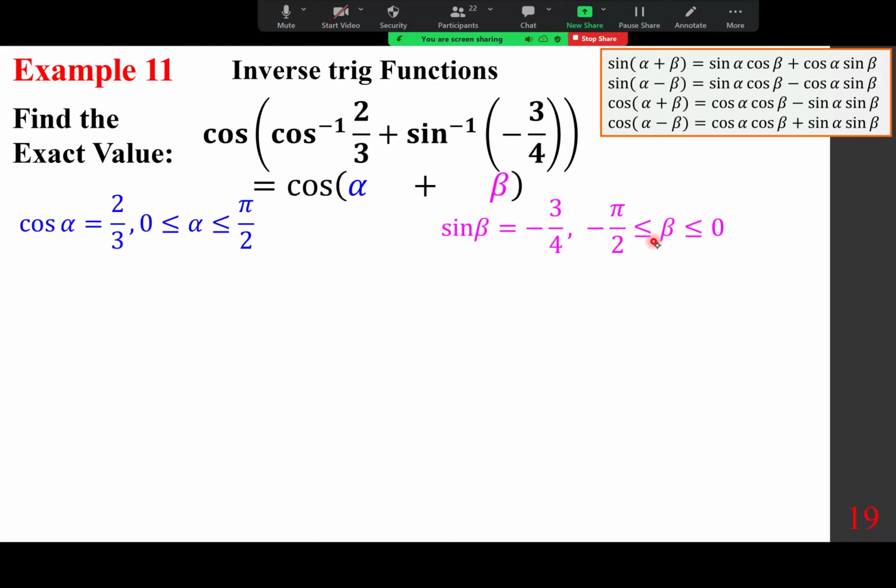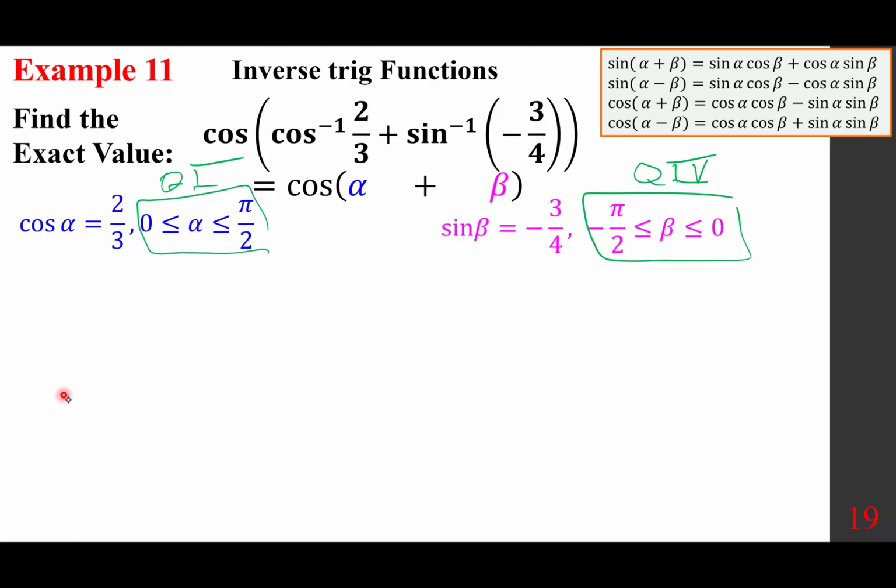So this means, everybody, alpha is in quadrant 1 and beta is in quadrant 4, okay? The reason we need that is because we want to know what happens with all the trigonometric functions and their signs.